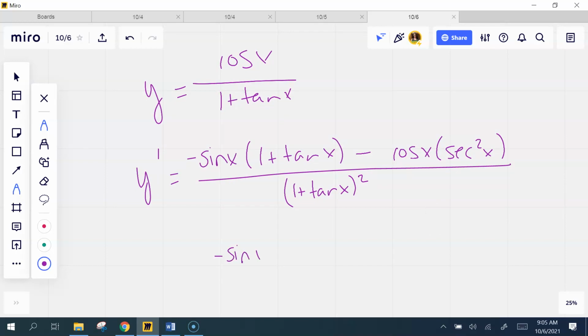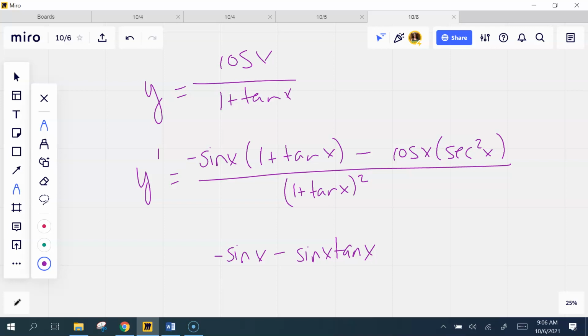Negative sine x minus sine x tan x? And I put a circle around it? Okay, I'll fix it. Just distributed. I'll fix it. Okay. Okay, I'll give you a point back. My bad.